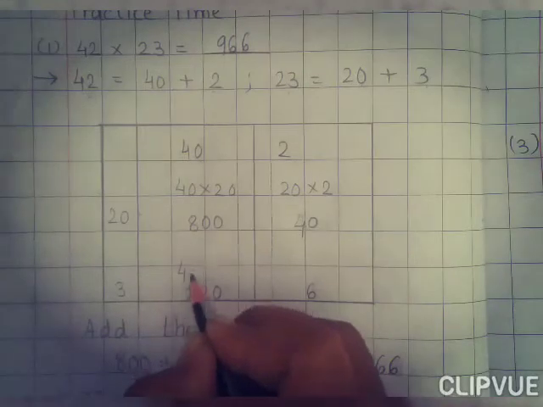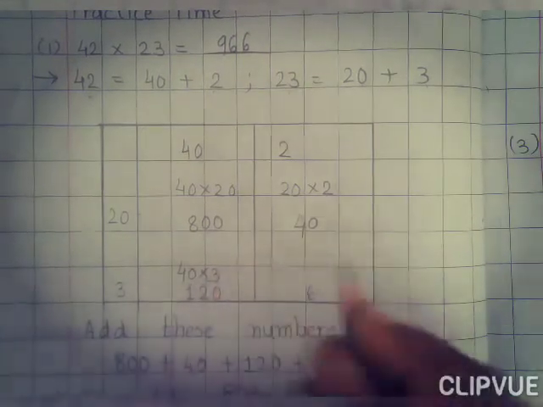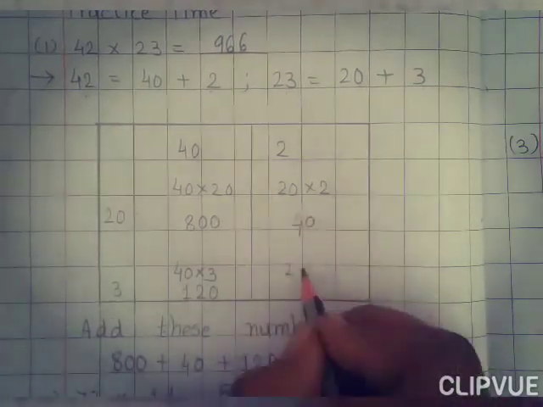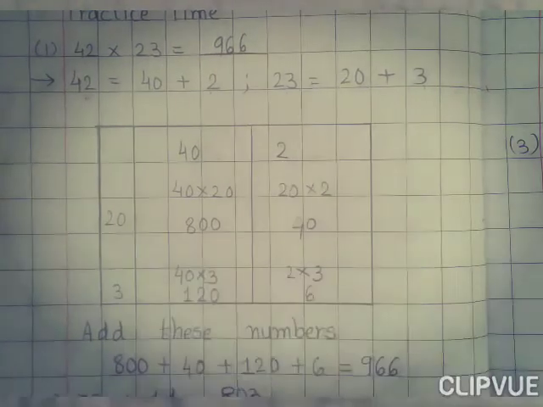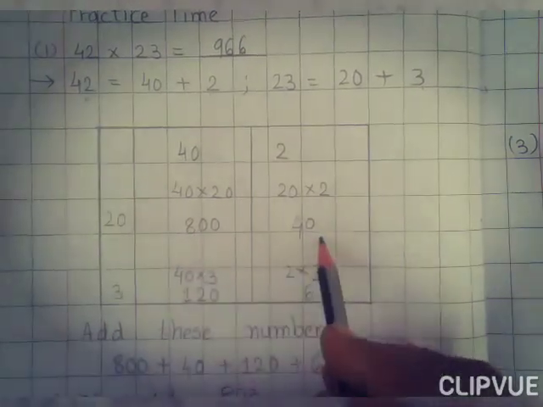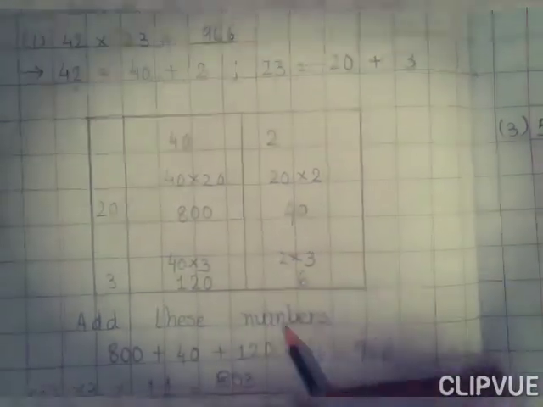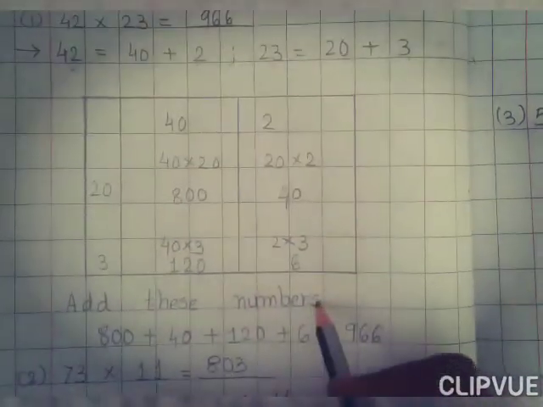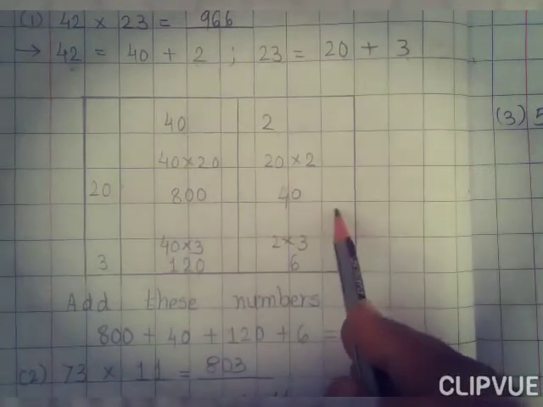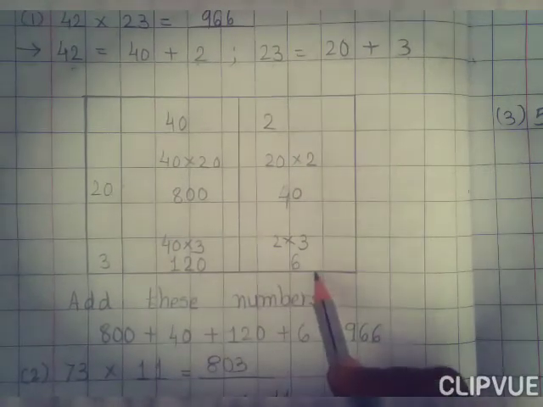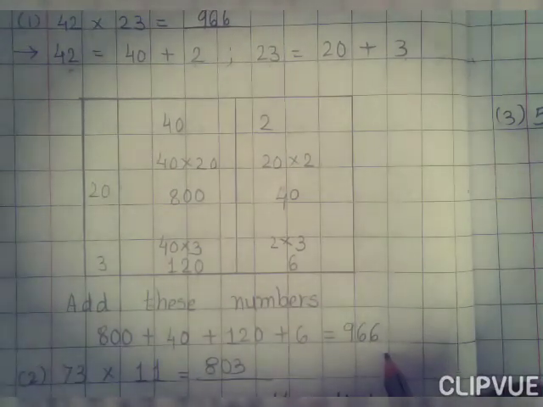Here also you can write down 4 3s are, and same way here the second column and the second row is 2 3s are. Now you have to see that you get both the first row and the second row having 4 numbers. You have to just add these numbers, 800 plus 40 plus 120 plus 6, and the answer you get is 966.